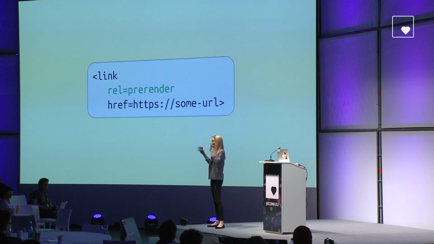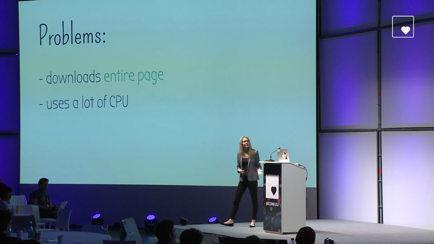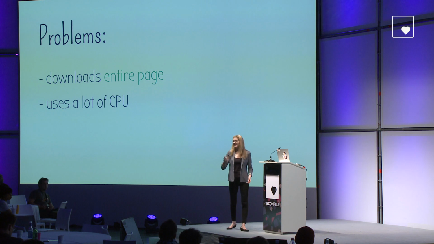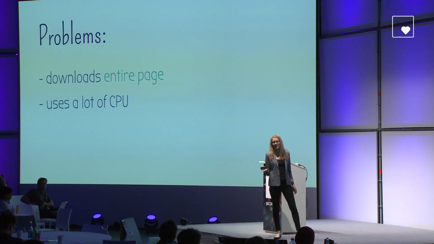So the browser would download all the contents of the page, and then when the user would click on the link, the page would load instantaneously. But the problem with this was that it downloads the entire contents of the page, all of the images, all of the ads, all of the analytics, the third-party JavaScript, and it would execute arbitrary JavaScript in the background, and that's very heavy for the CPU.